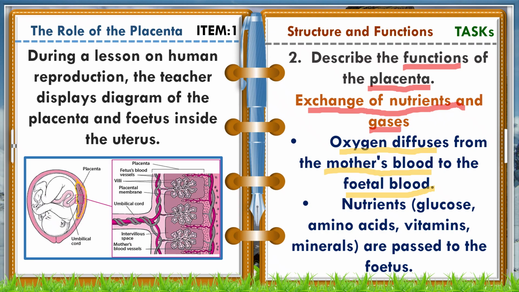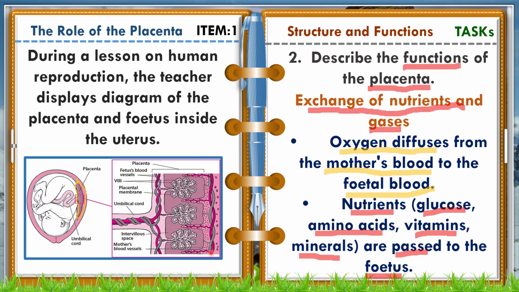Then another one, nutrients like glucose, amino acids, vitamins, and minerals are passed to the placenta. So it is still the same.